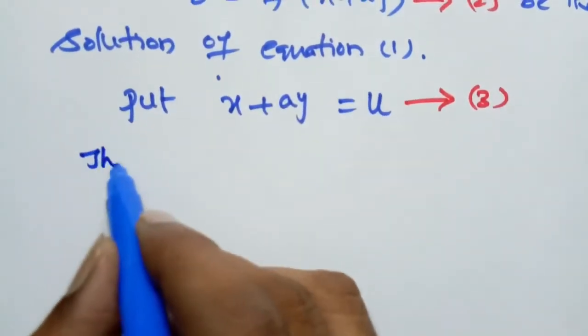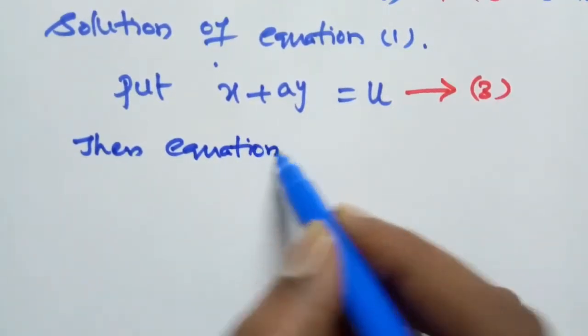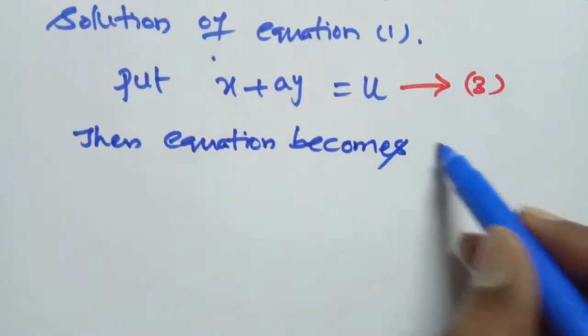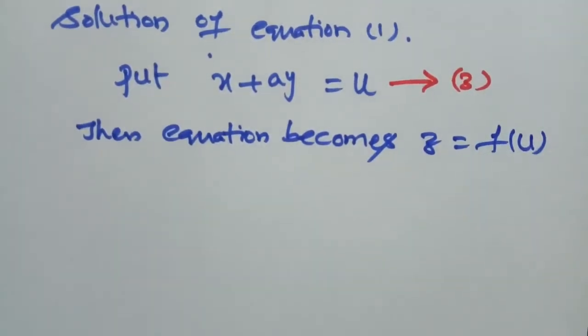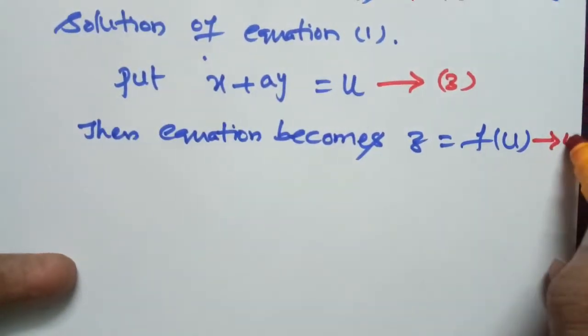Then equation 2 becomes z is equal to f of u. Say this is equation number 4.